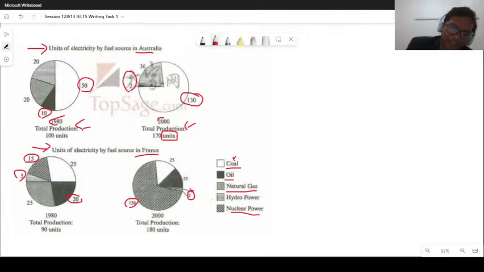Again, there's one difference, so don't forget, when it comes to the answer itself, you should never simply state the fact, as in just plainly state what the fact is in regards to the number. So, for example, your essay should not simply say, in the year 2000, there's 130 units of coal.